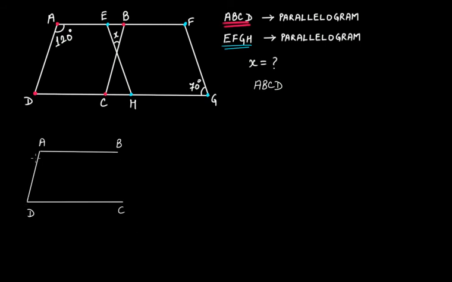These two angles are what? Interior angles on the same side of the transversal, and we know that the interior angles on the same side of the transversal are supplementary. That is, if you add them, you get 180 degrees, right?